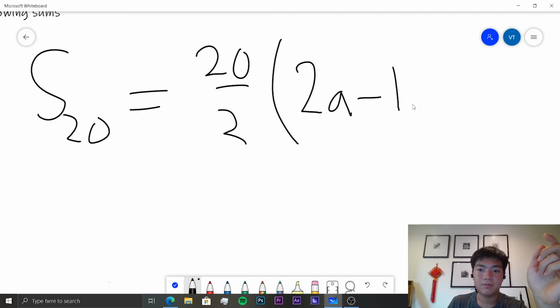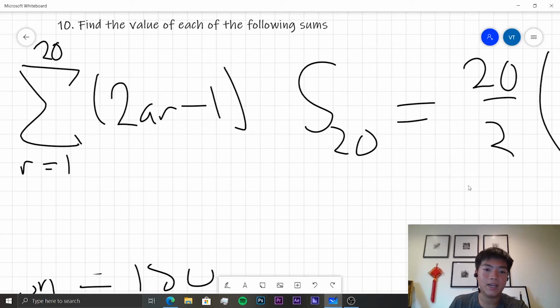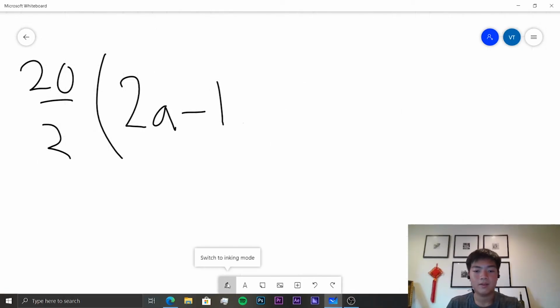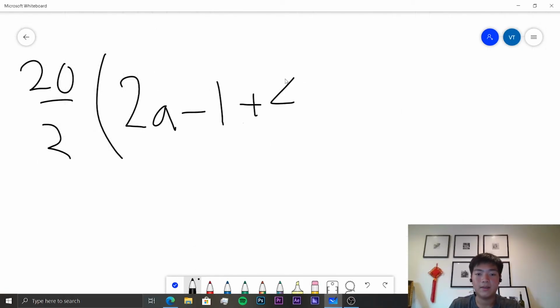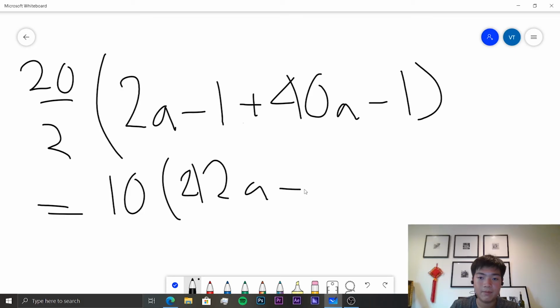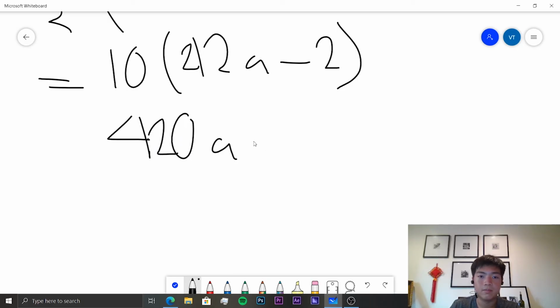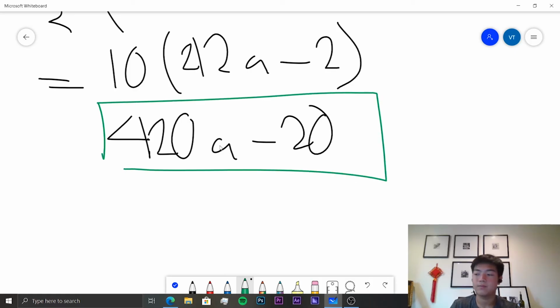And then the last term will be 2a times 20, so 40a minus 1, plus 40a minus 1. So this is equal to 10 times 42a minus 2, otherwise 420a minus 20. And that is the final answer.